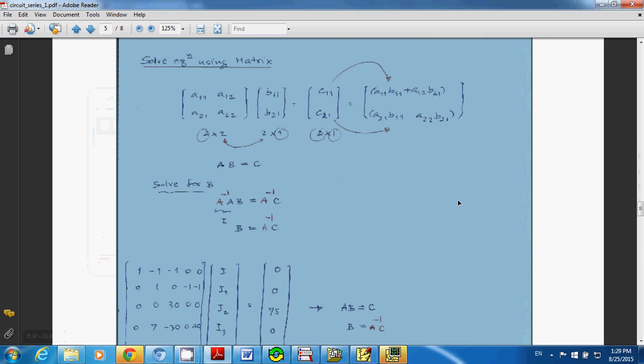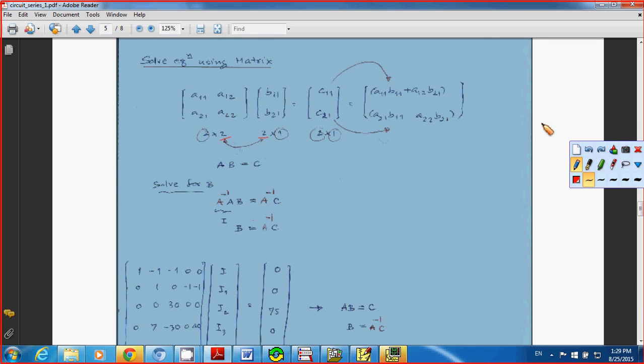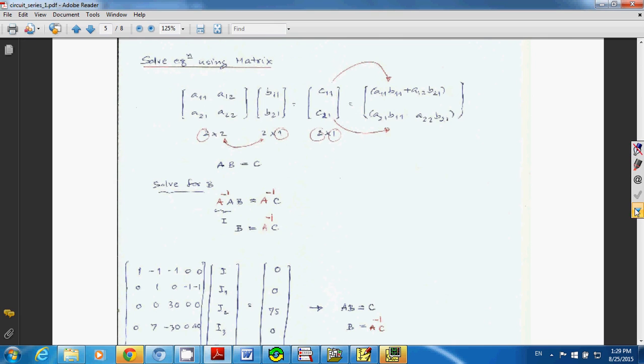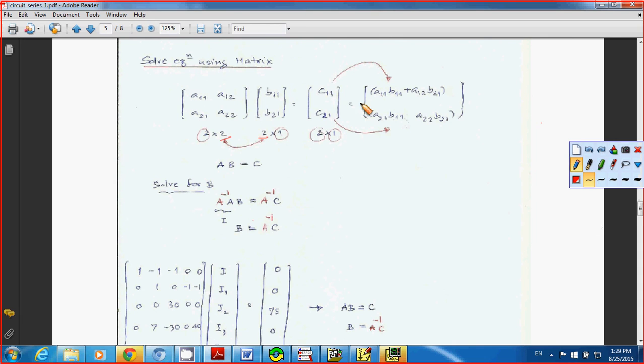Now to find C11 and C21, you can get them from matrix A and matrix B. You simply multiply A11 by B11 and then plus A12 multiplied by B21.